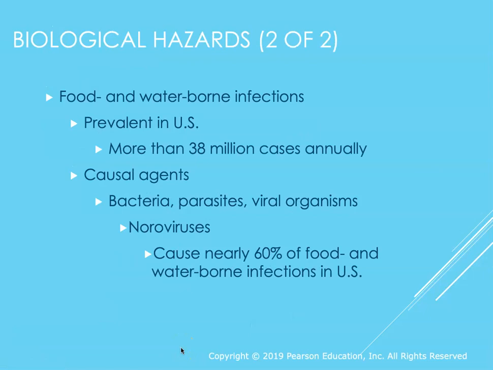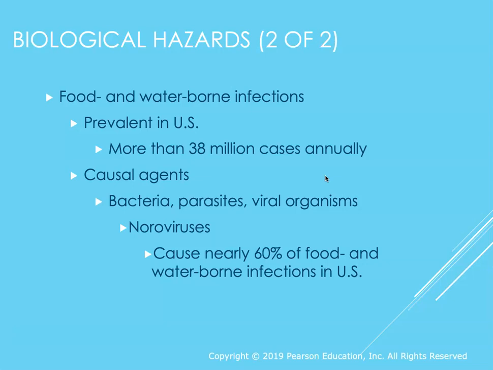If you think about food and waterborne infections, they are prevalent. Apparently there are more than 38 million cases annually. I did mention that in underdeveloped countries, you definitely see more of these waterborne infections. How much we monitor and track those is probably not as much as it is here in the US.